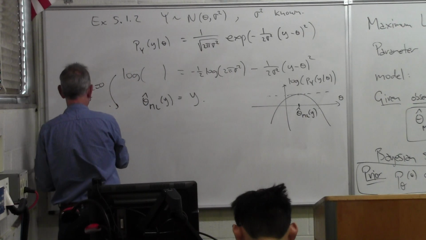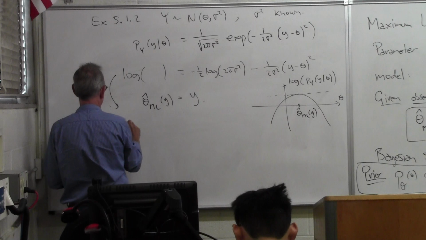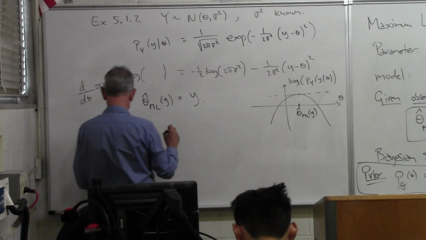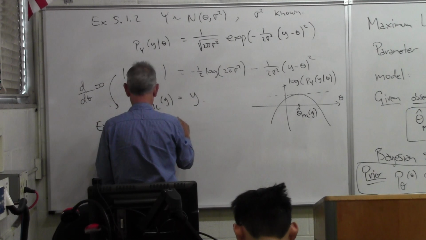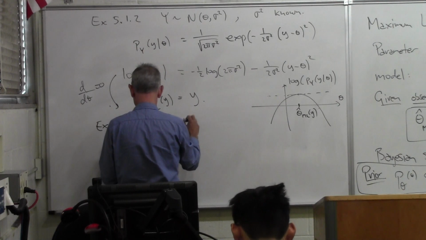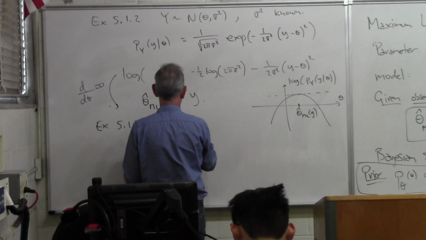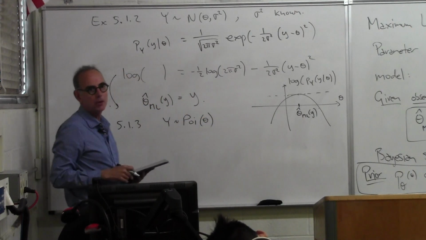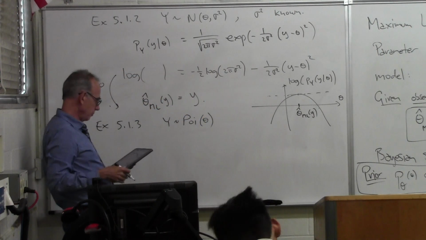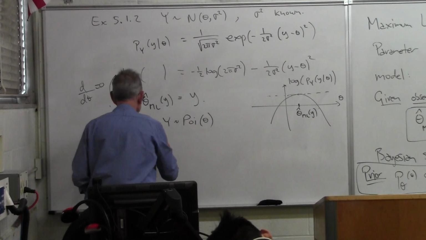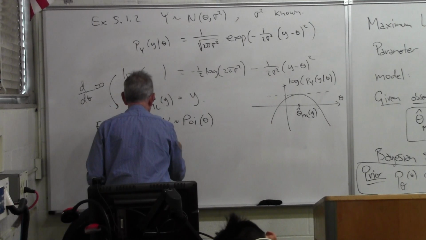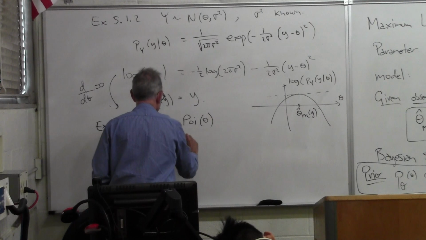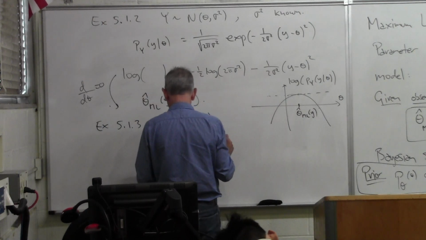Another example. So take a Poisson random variable. This is just to get us in the mood. What does that mean? So I have to look this up again.